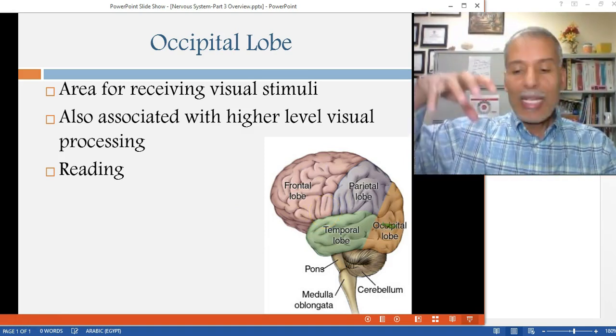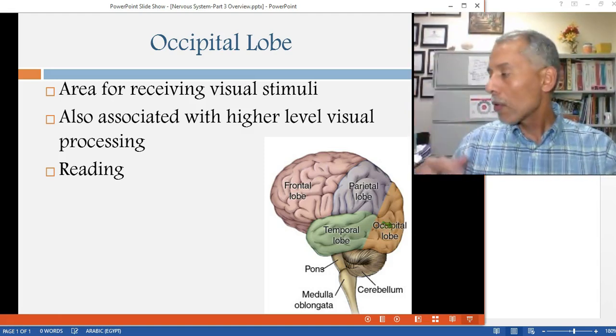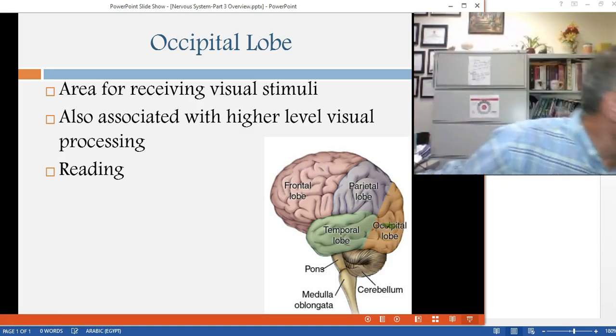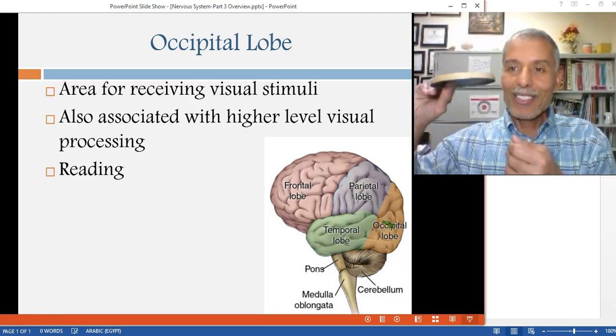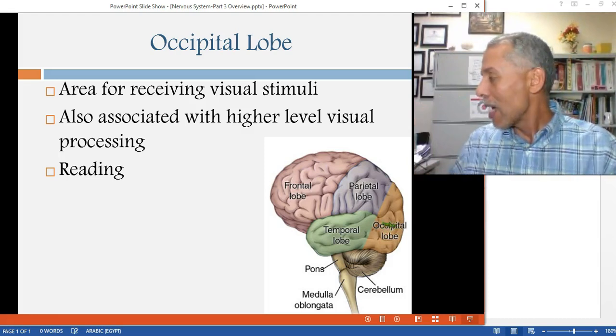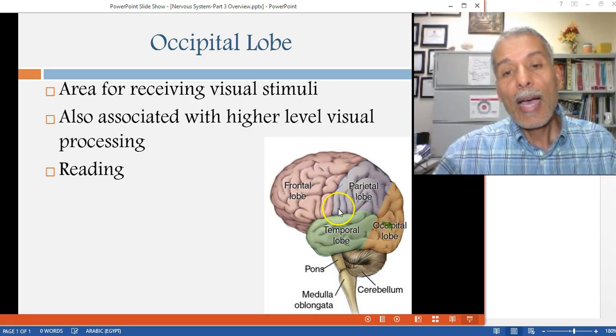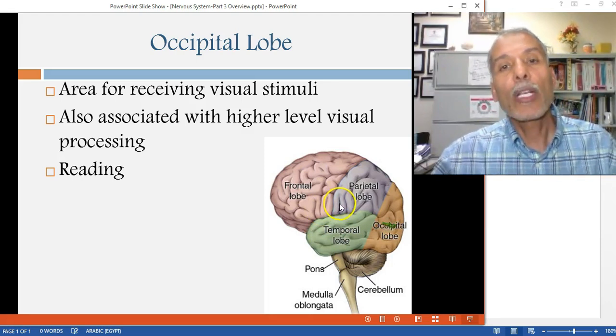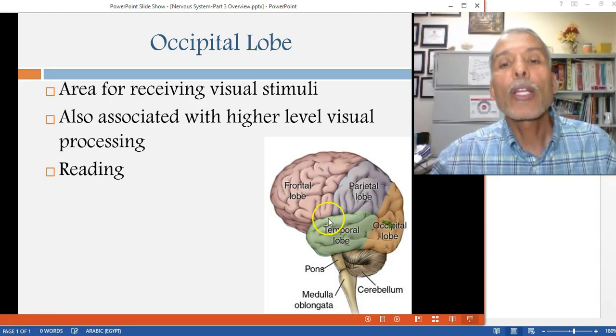Operculum means lid, or a cover. It is from Latin. Just like this, a lid. So operculum. And there's the frontal operculum, and then there's the parietal operculum, and then there is the temporal operculum.